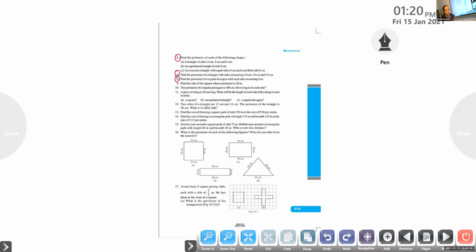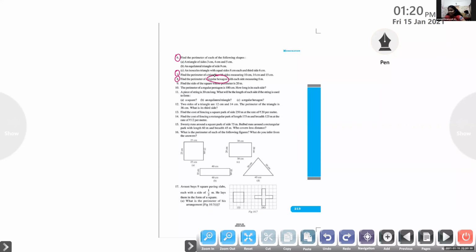Find the perimeter of a regular hexagon. All the sides of the hexagon are equal. What is the meaning of a regular hexagon? All sides are equal. And how many sides are there for a hexagon? 6 sides.